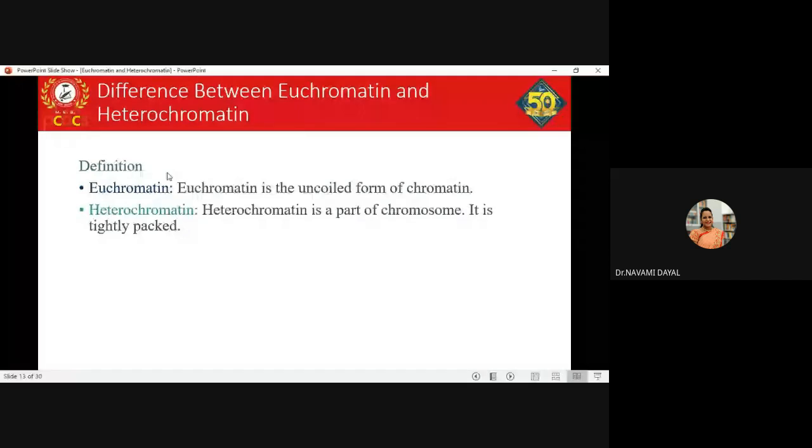With respect to definition, euchromatin is the uncoiled form of your chromatin, whereas heterochromatin is the part of the chromosome which is tightly packed. Clear? So euchromatin can be defined as the loosely packed or uncoiled form of the chromatin, and heterochromatin can be defined as the tightly packed region of your DNA or chromatin.